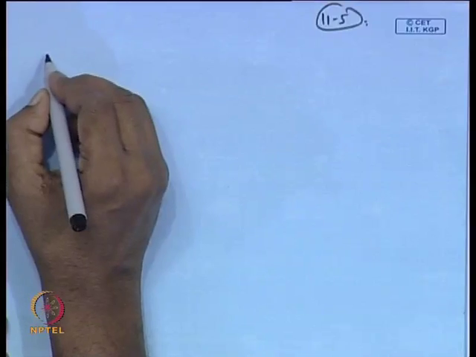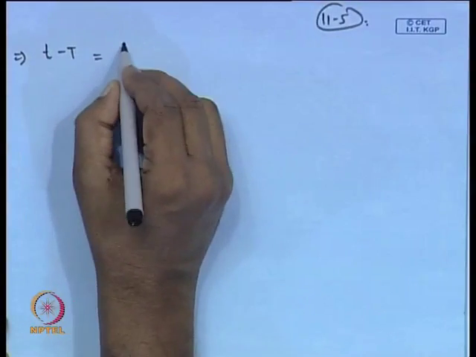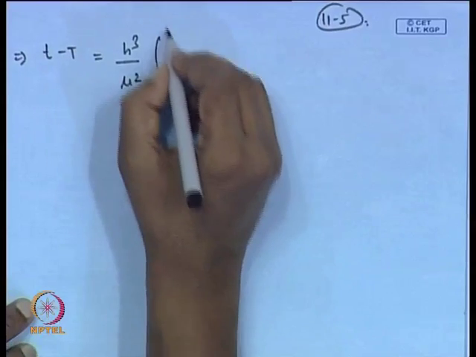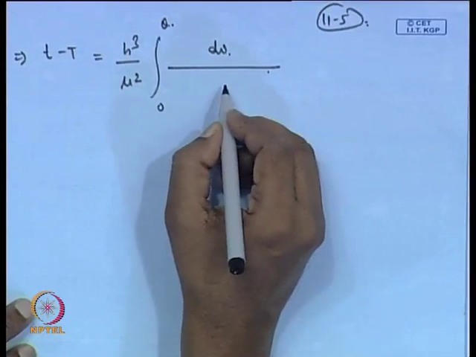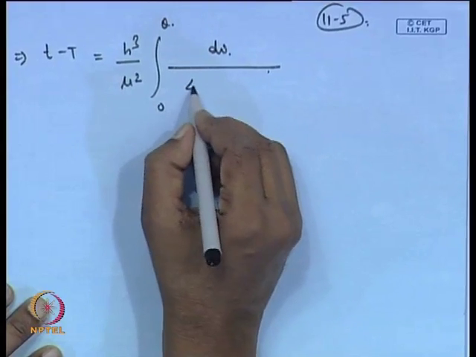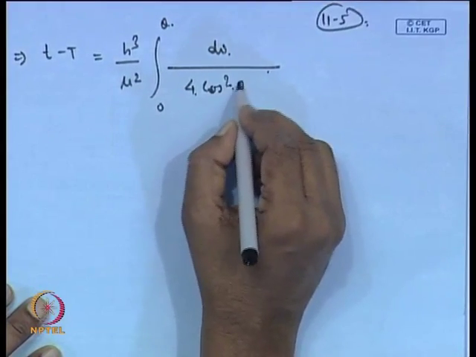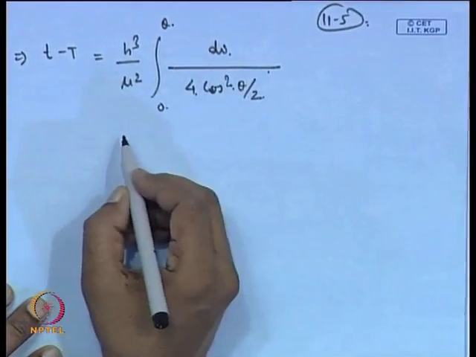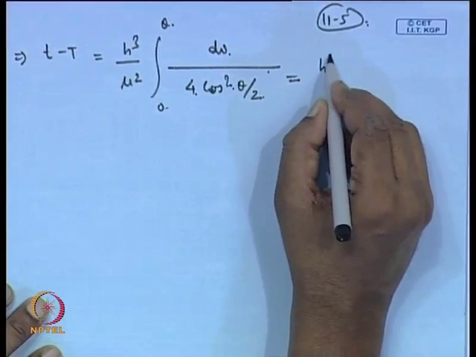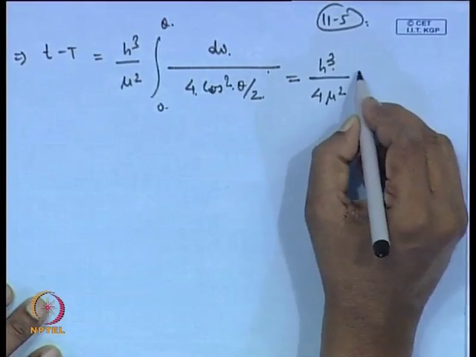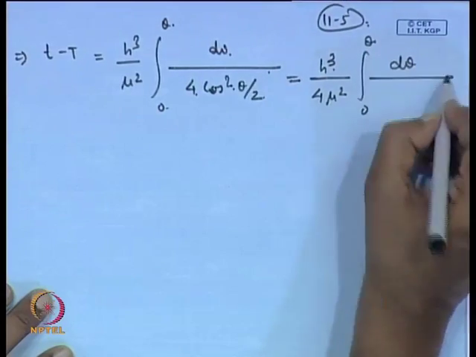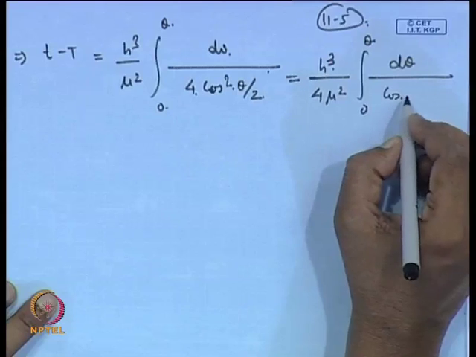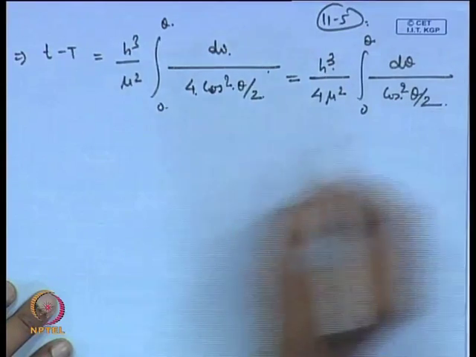We can write 1 plus cos theta as 2 cos squared theta by 2, so ultimately this will give h cubed by 4 mu squared, integral from 0 to theta of d theta by cos to the power 4 theta by 2.